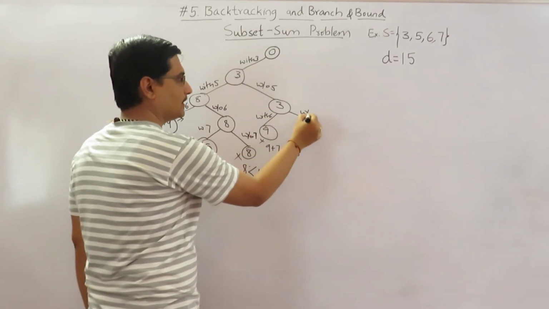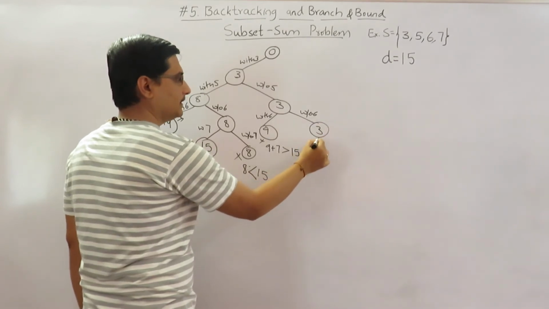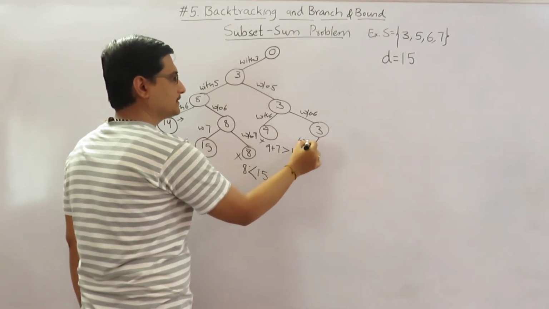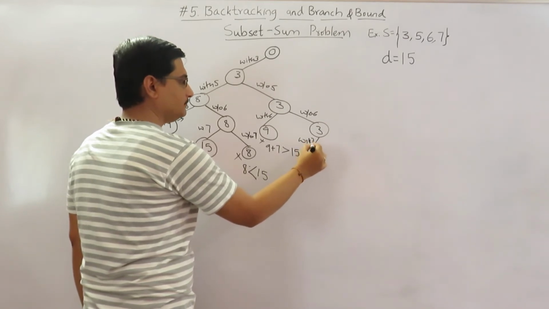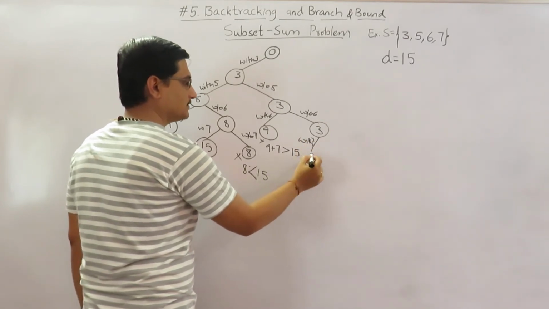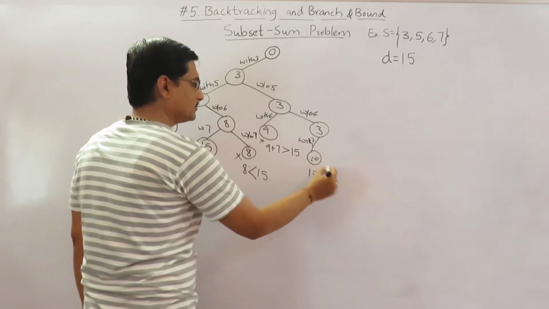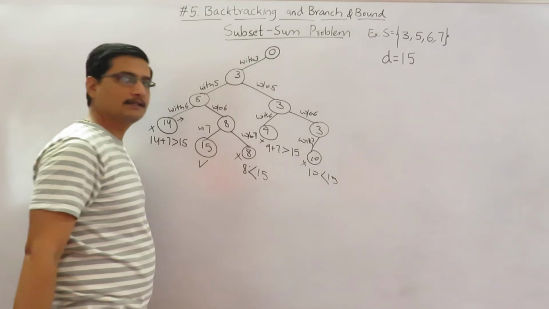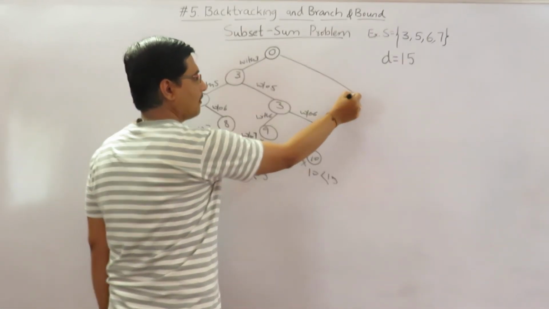We can think of without 6. Without 6, it is 3. Then with 7, 7 plus 3 is 10. 10 is much less than 15. So again, this is a non-promising node.